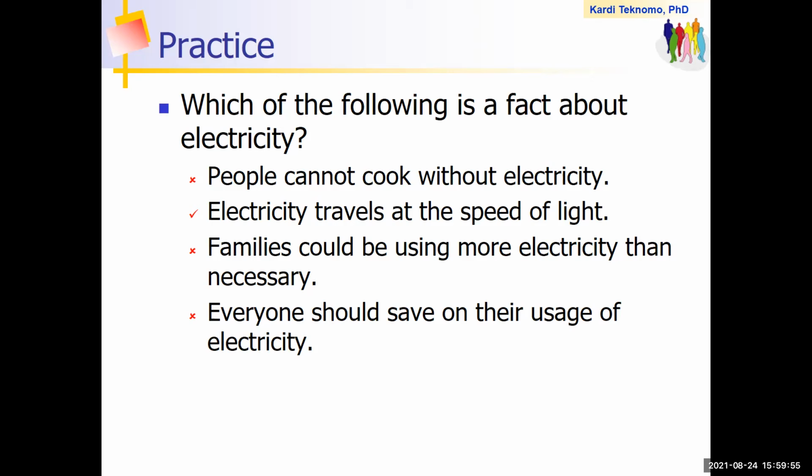Opinion, okay? Everyone should save on their usage of electricity. Opinion. What is the qualifier word here? Should. Right? If you remove the should, it may become a fact if you have the proof. But when you see the word should, then it becomes opinion.